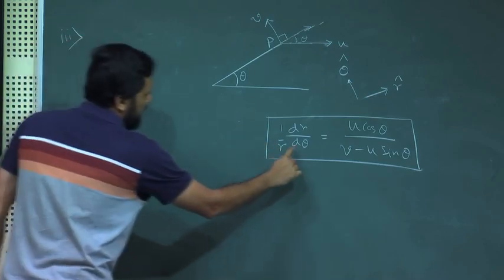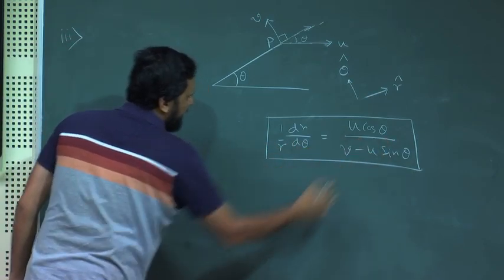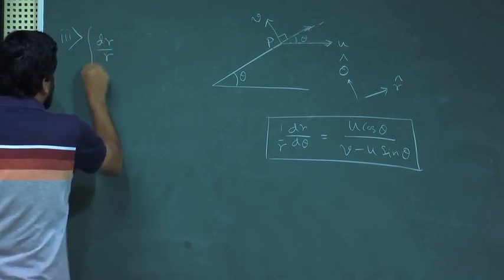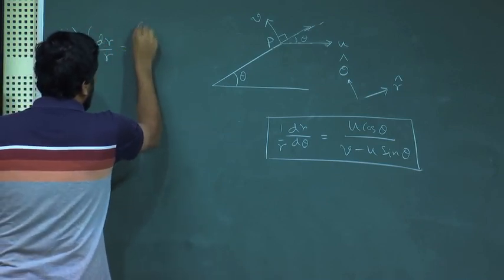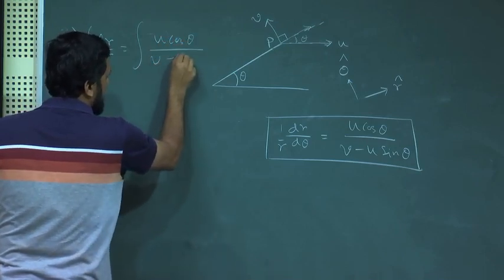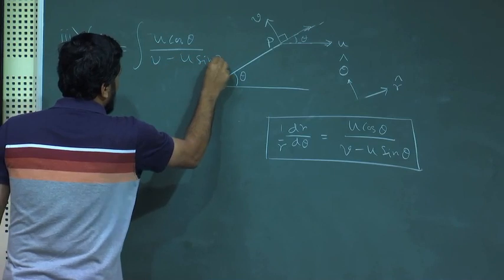So, see that all the theta dependence is on the right hand side. So, we can simply write dr by r is equal to integration of u cos theta d theta over v minus u sin theta.